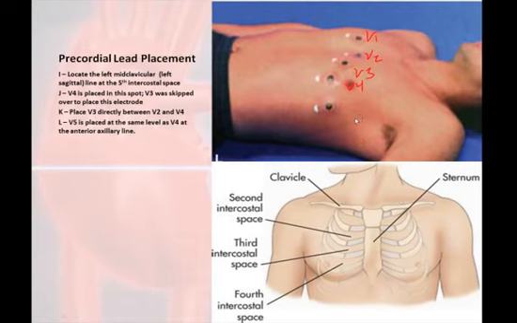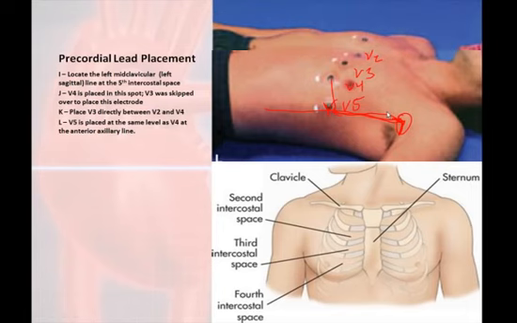V5 is placed at the same level as V4, but where we're placing it is what's called the anterior axillary line. So basically what we're saying is the front part of the armpit here. You find the crease right here on the anterior axillary, and you place V5, same level as V4, at the level of the axillary line. That is where V5 would actually be placed.